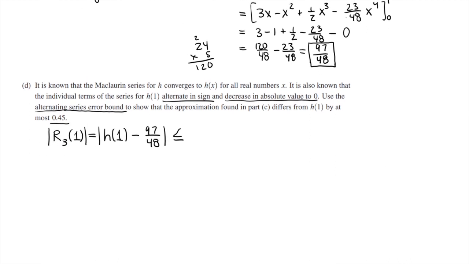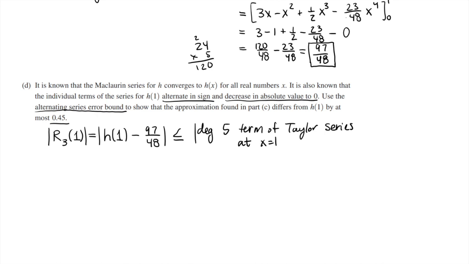So this is like the degree 5 term of the Taylor series, or the alternating series in this case, in absolute value at x equals 1. So this is an absolute value, since it's alternating. It could have a negative sign, so we make it positive, since this side's positive.